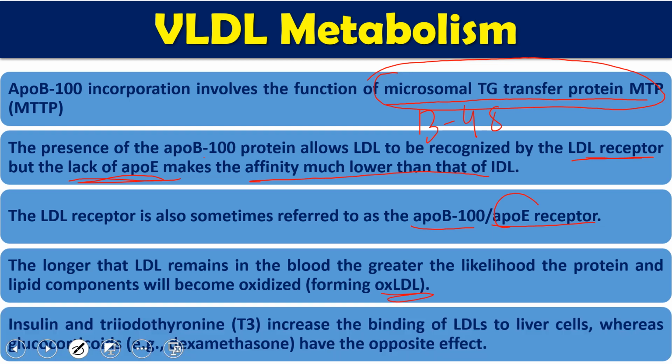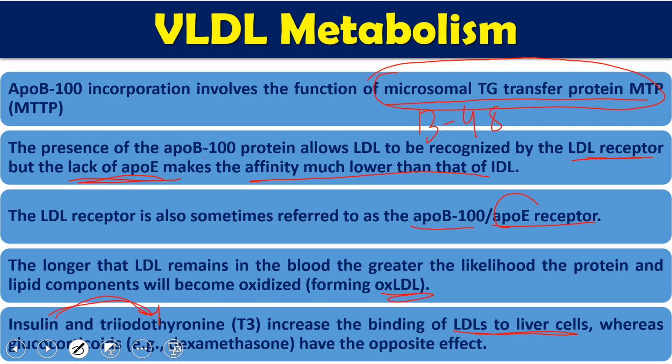There are some hormones like insulin and triiodothyronine, or thyroxine, which increase the binding of LDL to liver cells, meaning the LDL will be removed from the circulation. So the chances of getting cardiovascular disease are less because of insulin and T3.